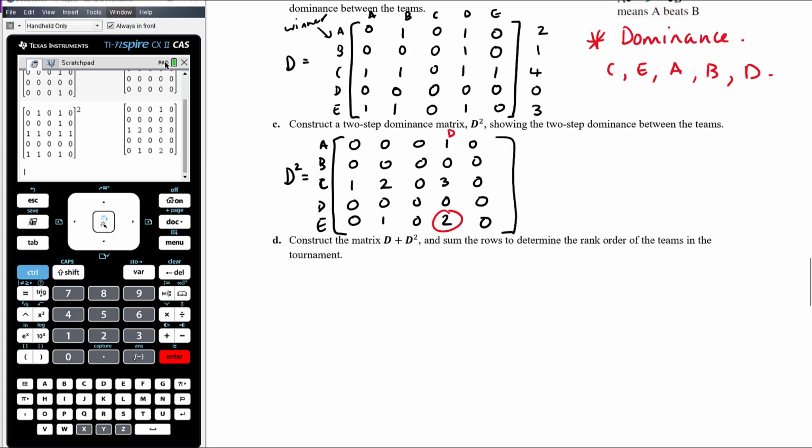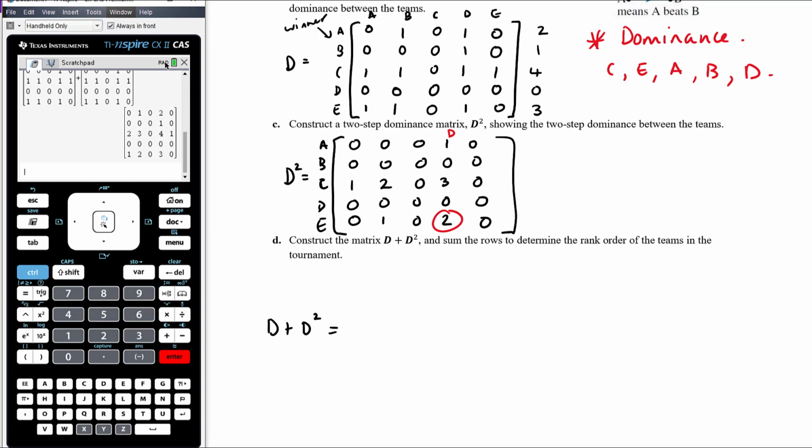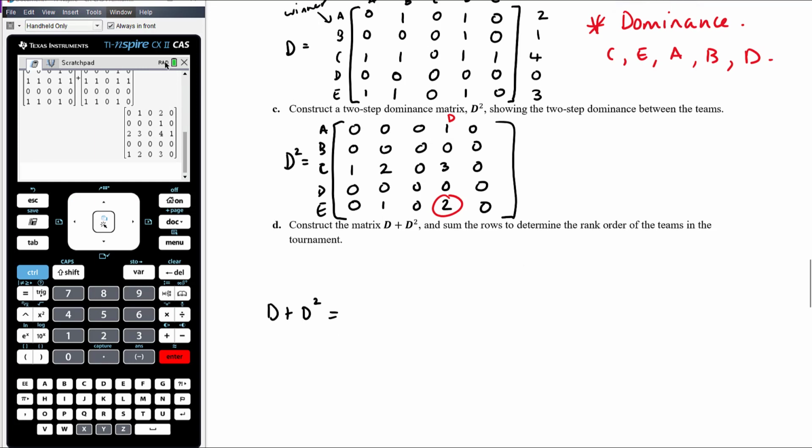Construct the matrix D plus D squared, and sum the rows to determine the rank order of the teams in the competition. So I'm just going to remove that squared. So that's D plus D squared. We now get this, but we could add our matrices from parts B and C by hand just as quickly as we can with our CAS.